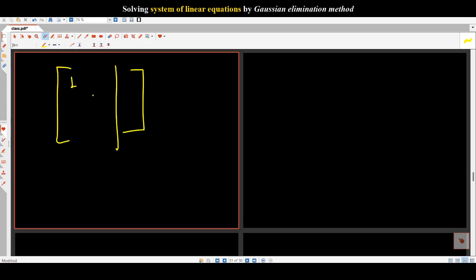So we have, let's say, 1, 1, star, star, star, 0, 0, 0. Here a star means we have some non-zero values. So our target is to make 1, 1, 1 here.